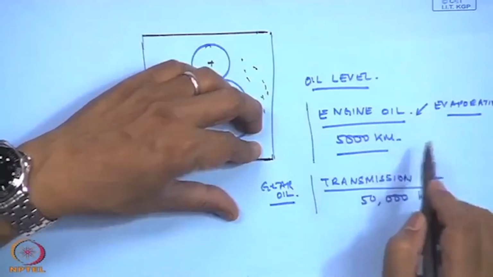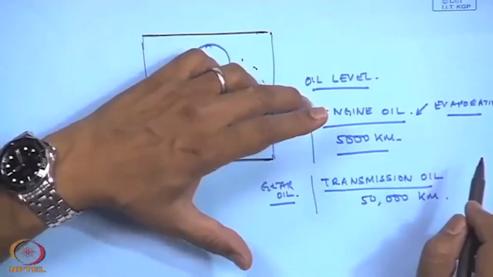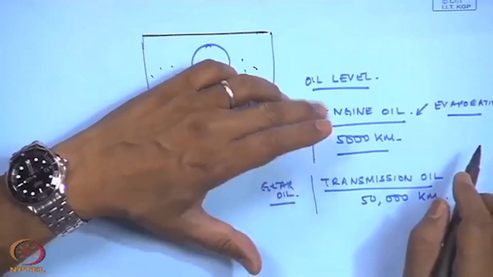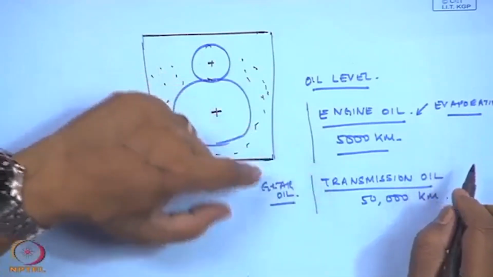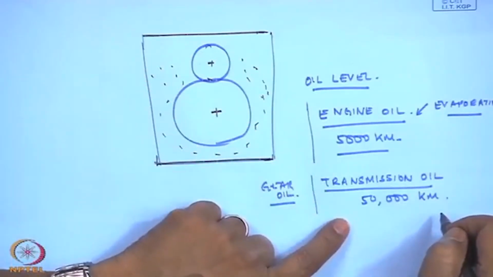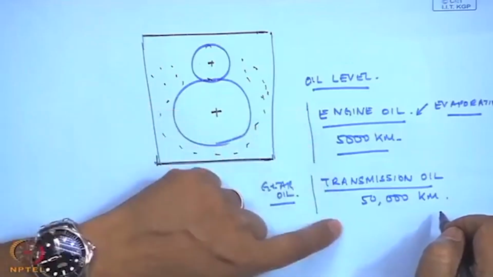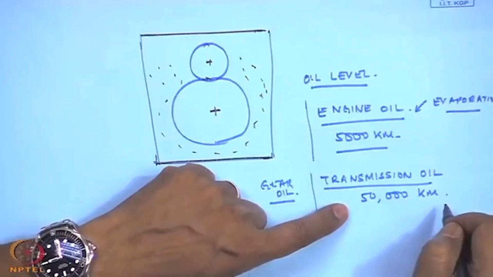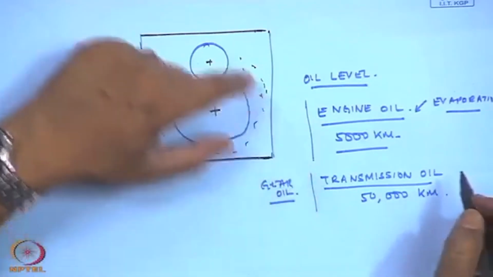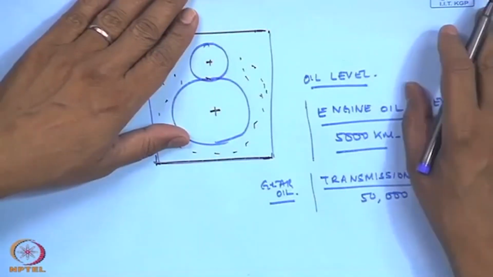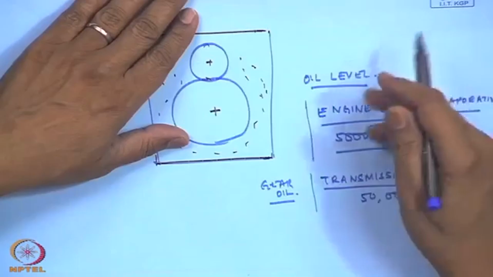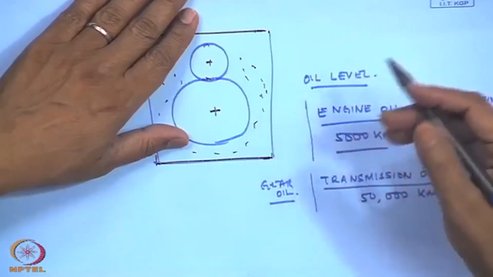Of course, the purpose of both is the same, to lubricate and reduce the friction in the mating engine components and the mating gear components. But because these are at a lower temperature than the engine oil, we need not replace them or check their levels beyond 50,000 kilometers.